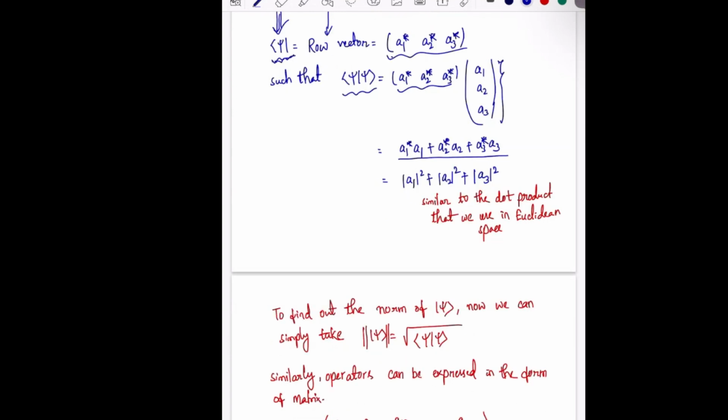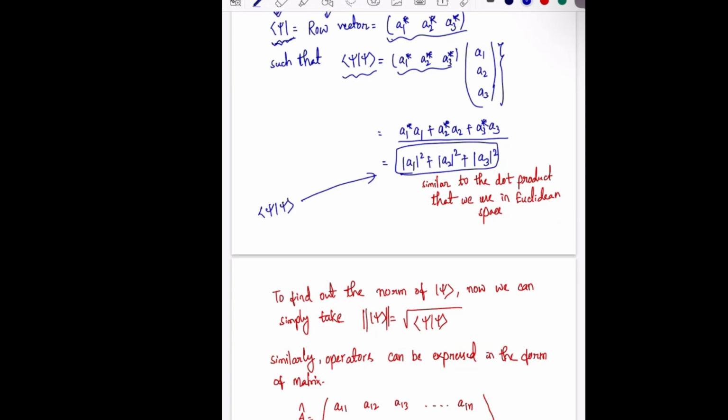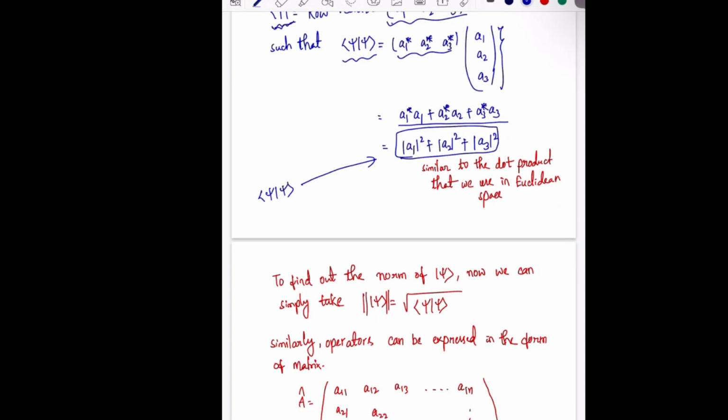So this is nothing but this. This is similar to the dot product that we use in Euclidean space.